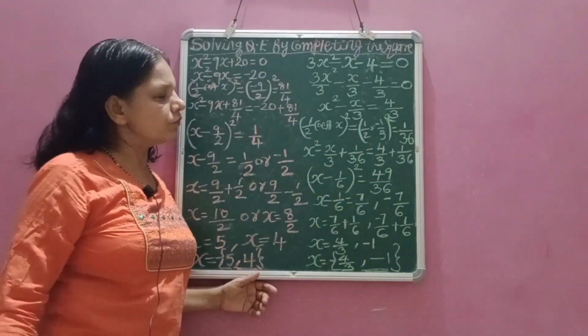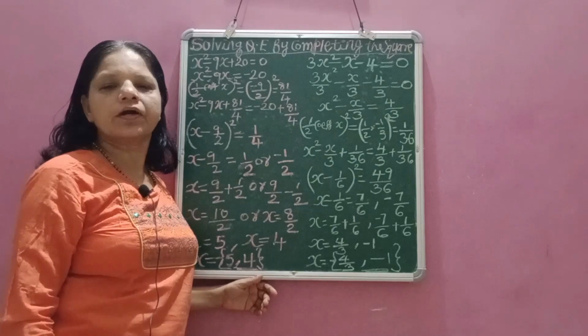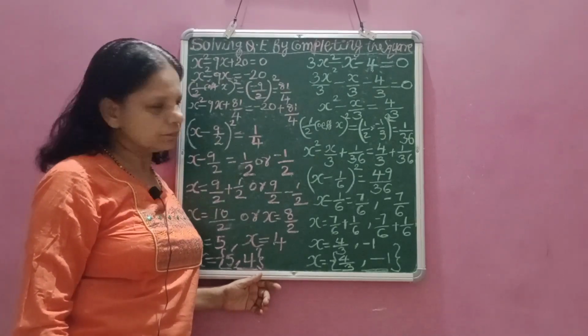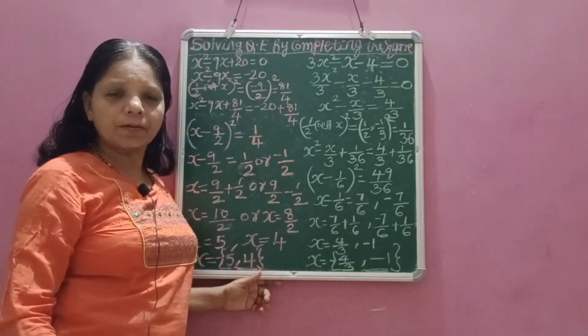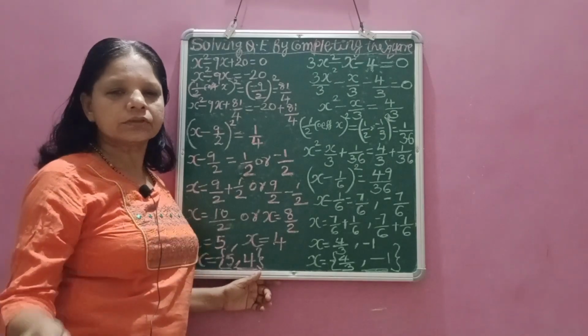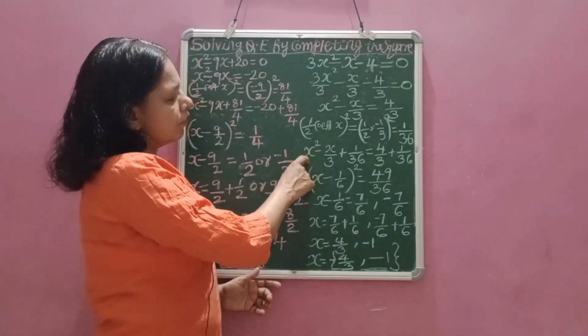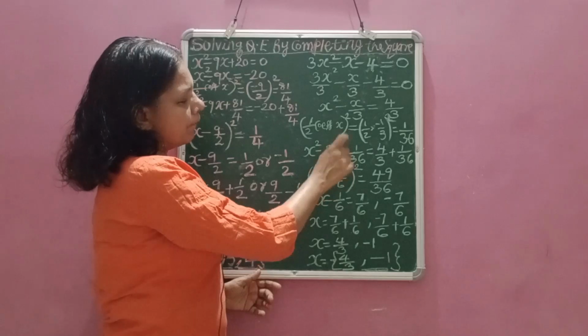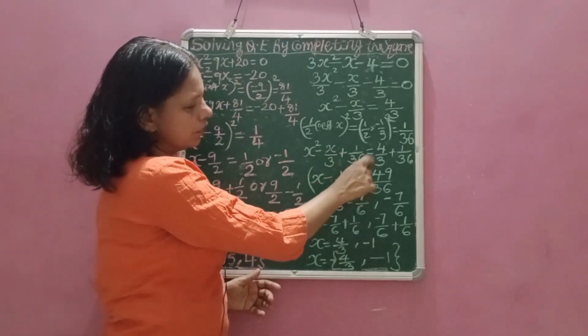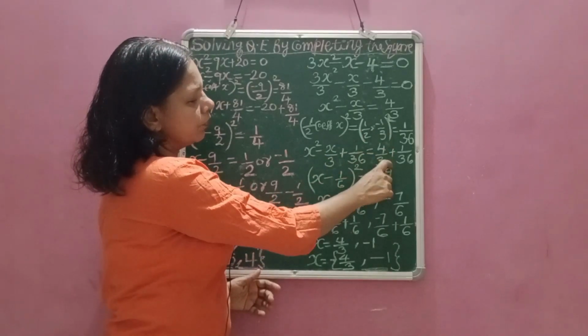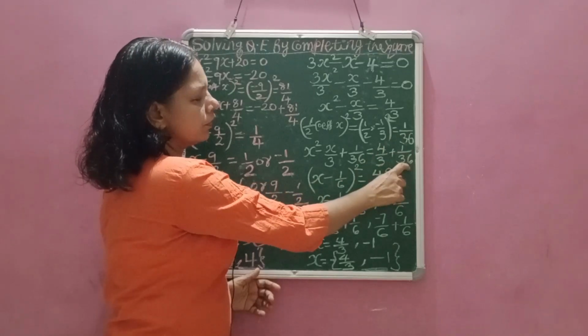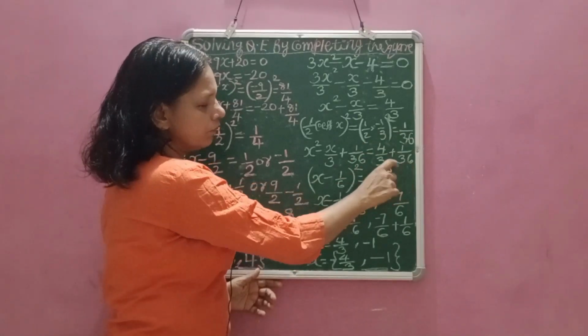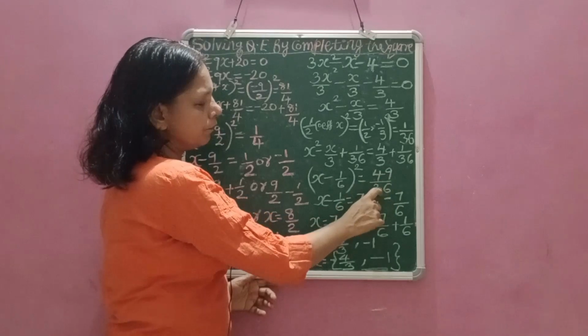So half the coefficient of x the whole square is 1 upon 36. Adding 1 upon 36 to both the sides. So x square minus x upon 3 plus 1 upon 36 equal to 4 upon 3 plus 1 upon 36. This on simplifying, I got 49 upon 36.